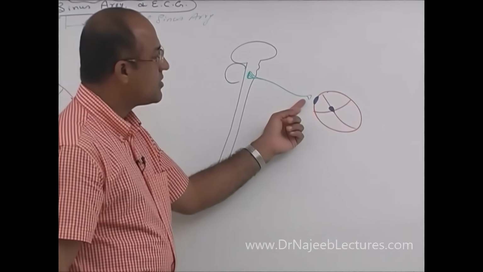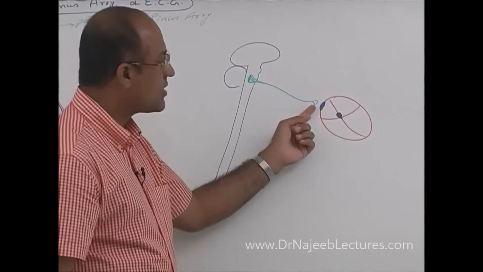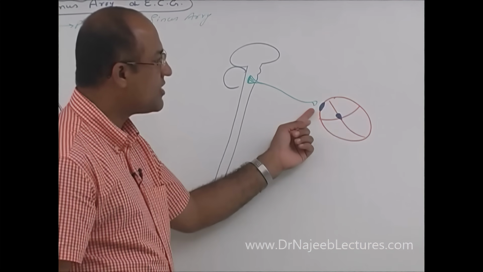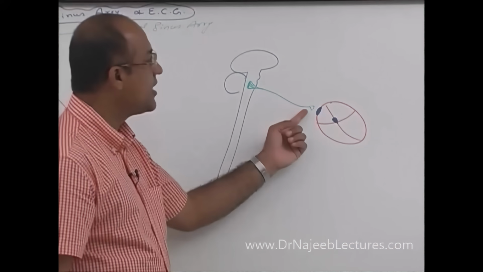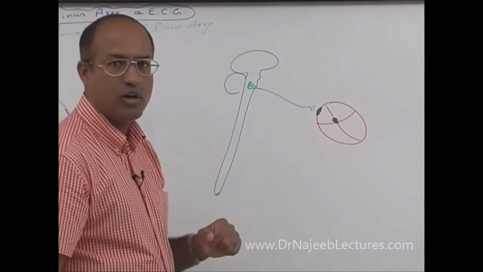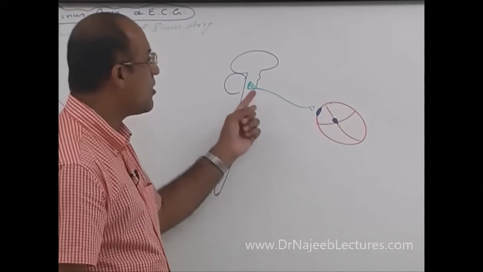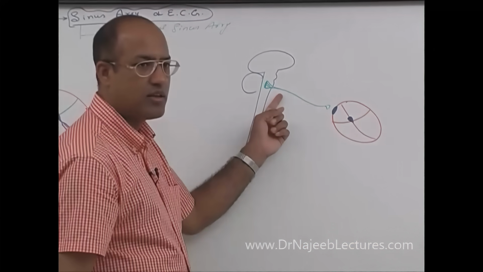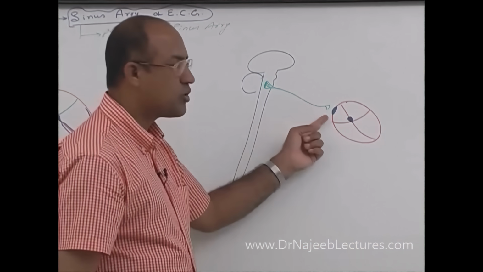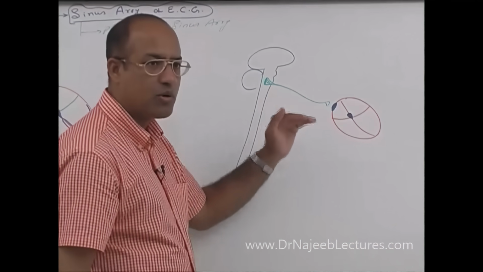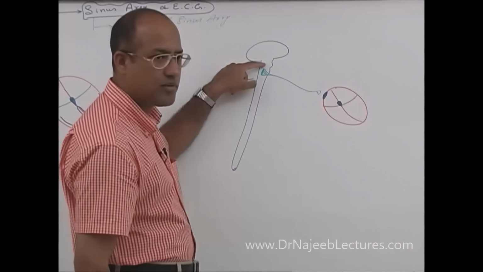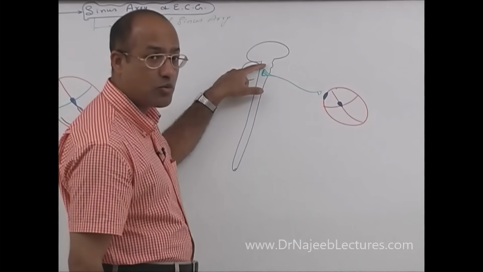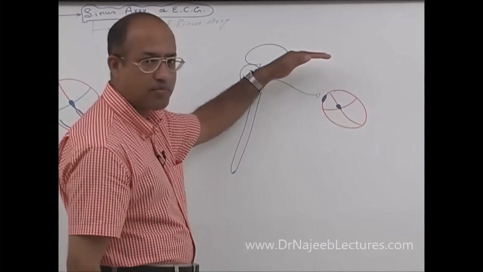The vagus is stimulating the final neurons which release acetylcholine on the SA node. So the vagus has an inhibitory influence on the SA node. It means whenever the vagus is stimulated, the SA node will be inhibited and heart rate will go down. And whenever the vagus is itself inhibited, when the vagus is not working, heart rate will go up.